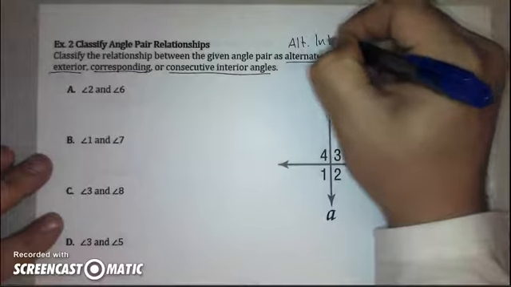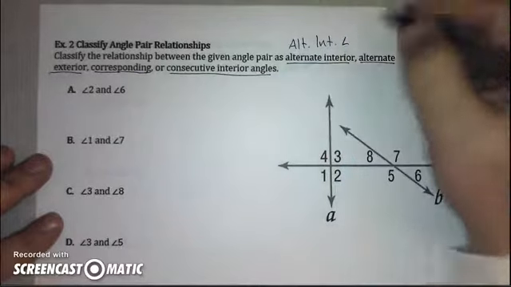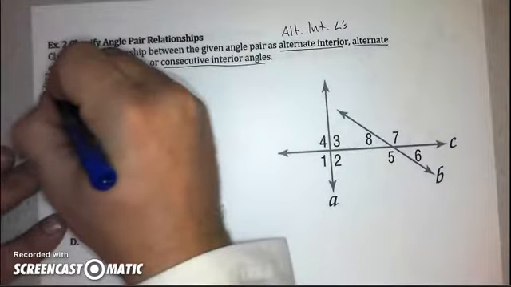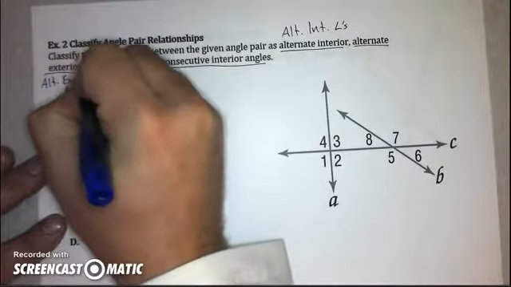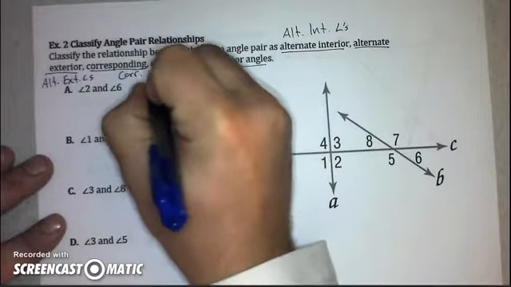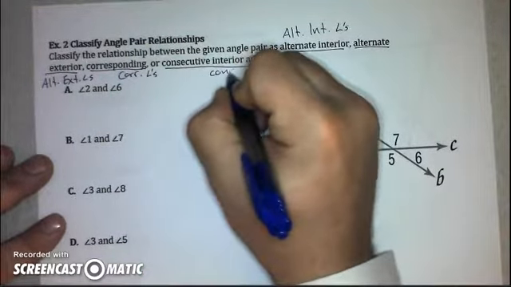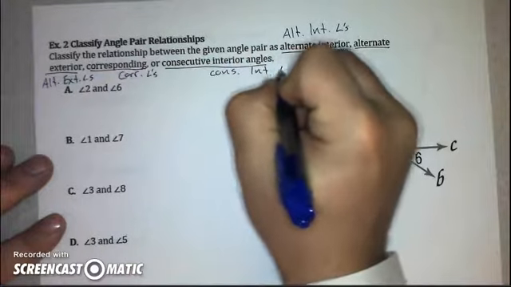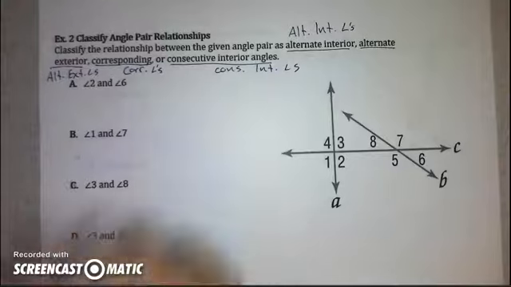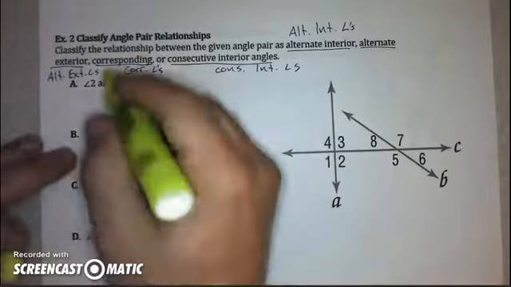So let's look at these angles one pair at a time. First, let's look at angles 2 and 6.